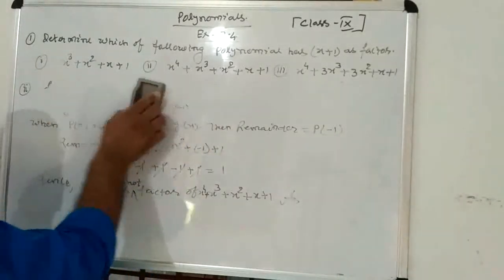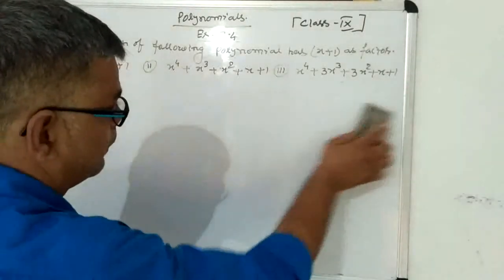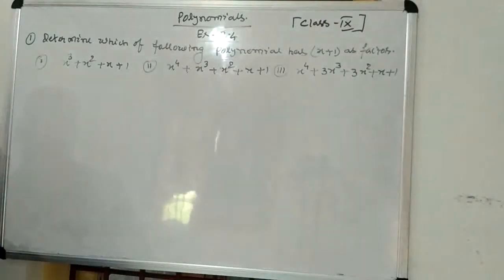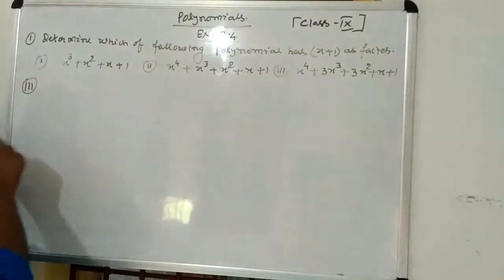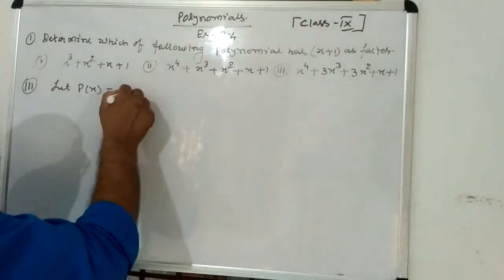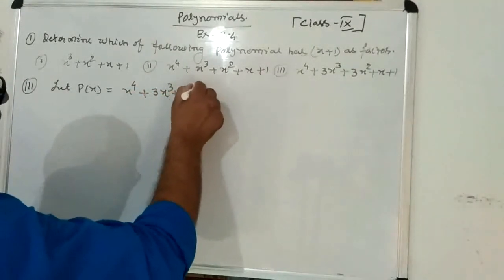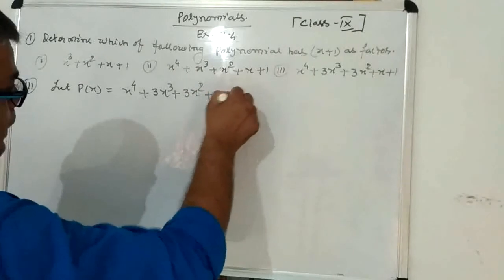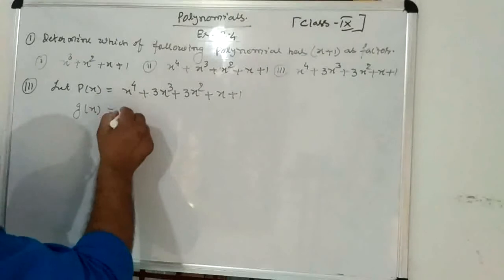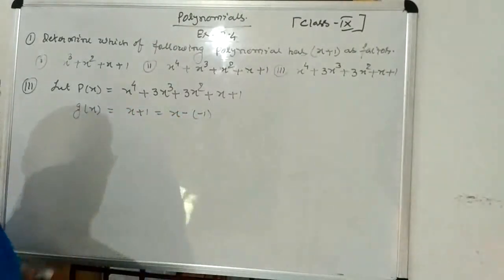Now come to the third question. The question number 3 is: let px equal x to the power 4 plus 3x cube plus 3x square plus x plus 1, and gx equals x plus 1, which can be written as x minus of minus 1.